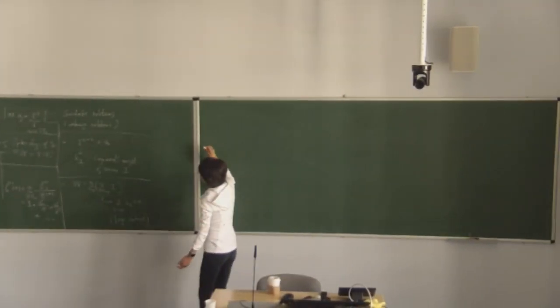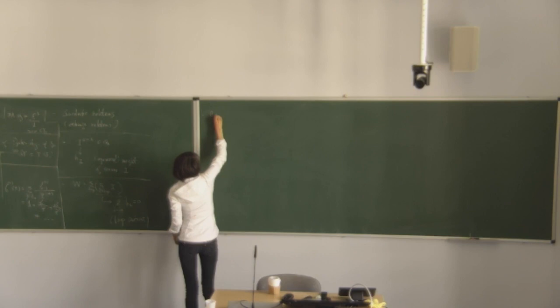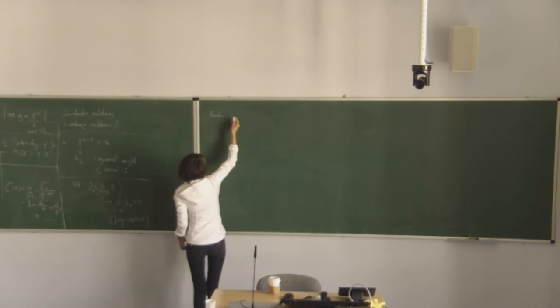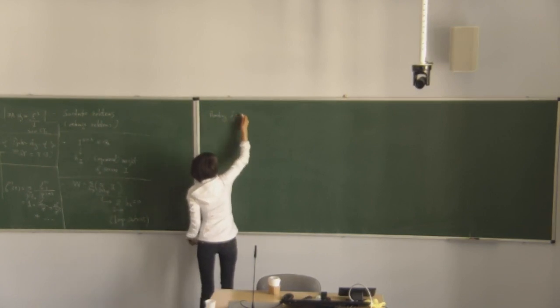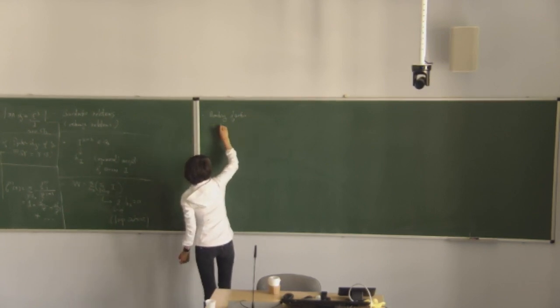After this, we're ready to define the most important ingredient in the definition of this algebra, which we call the bonding factor. For two vertices A and B, we define a rational function.